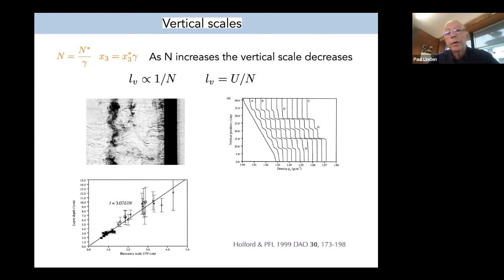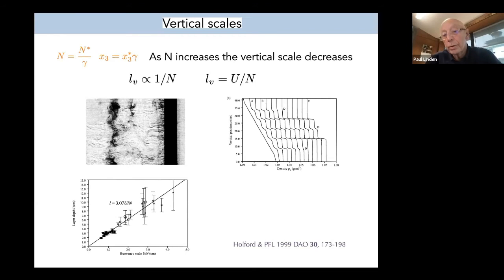We took a uniform stratification. In the graph on the right panel, density is plotted on the x-axis and height on the vertical axis. Initially it's uniform, and over time this develops into a series of layers separated by sharp interfaces.